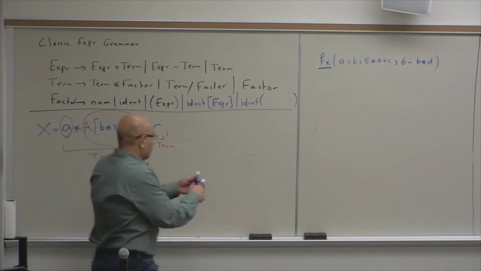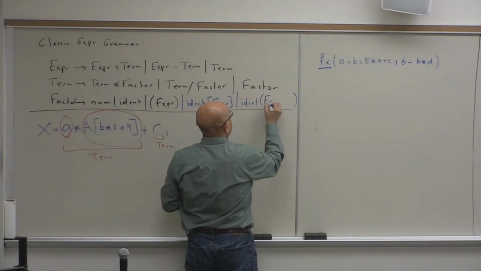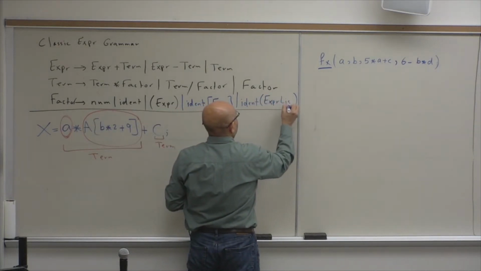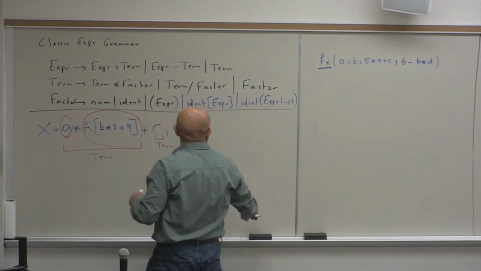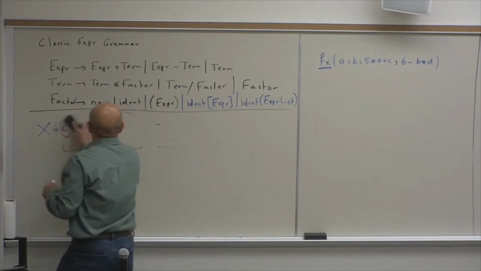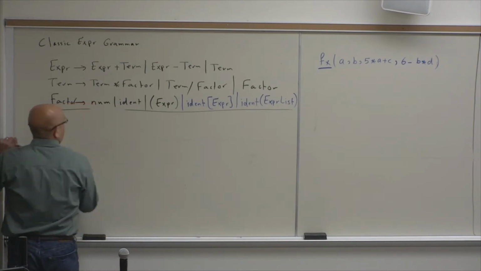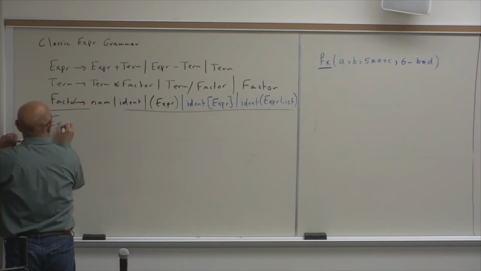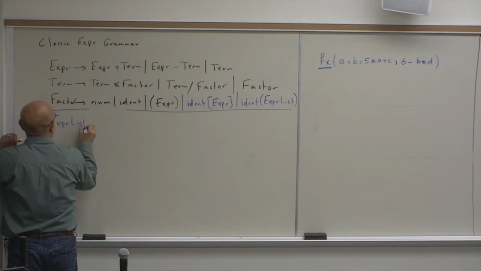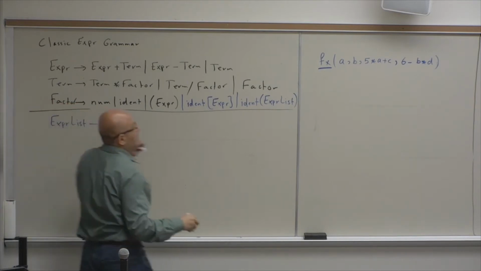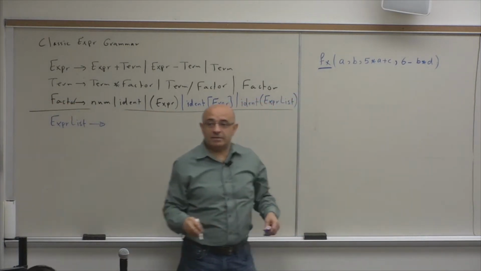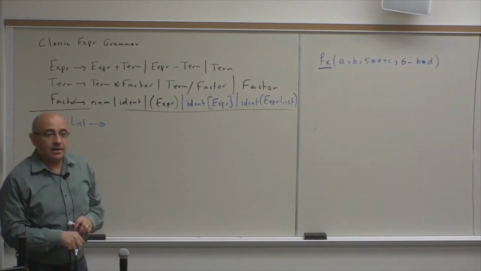Well, let's call this an expression list. Then we need to define the expression list. How would you define an expression list such that the number of expressions in the list is unlimited? What's the only way of defining this?